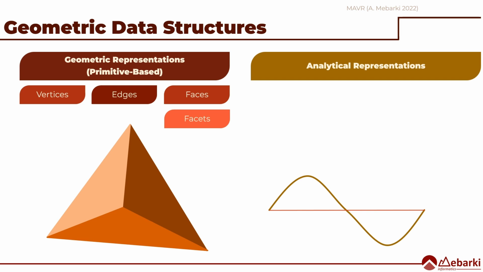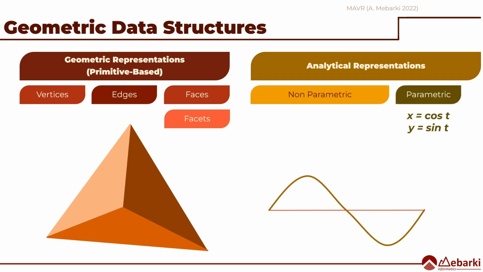However, while it accurately reflects the physical nature of objects, it can be storage-intensive, requiring a large amount of data to describe complex models. The analytical representation describes objects mathematically rather than by discrete primitives. They include parametric forms, such as Bezier curves or NURBS surfaces, defined by mathematical parameters.